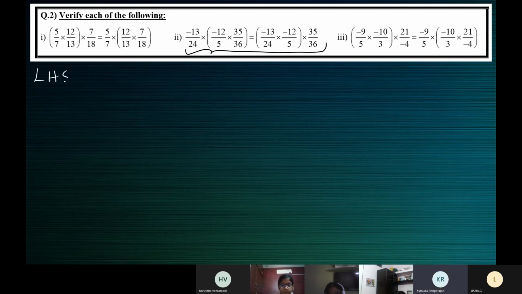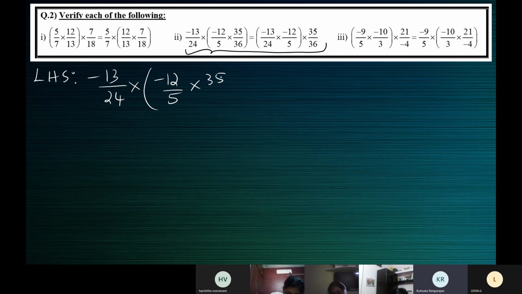So we need to take up the LHS. Minus 13 by 24 into minus 12 by 5 into 35 by 36. This is the LHS.